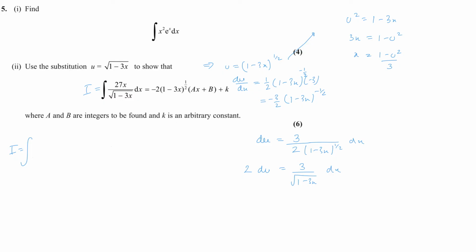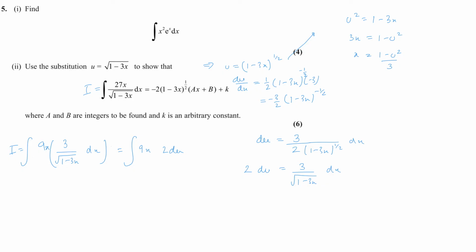Because then in this part, I'm taking 9 out, and that leaves me with 3. I take 9x out, 3 over root 1 minus 3x dx, which is what I've got here. So my I equals 9x times by 2 du.